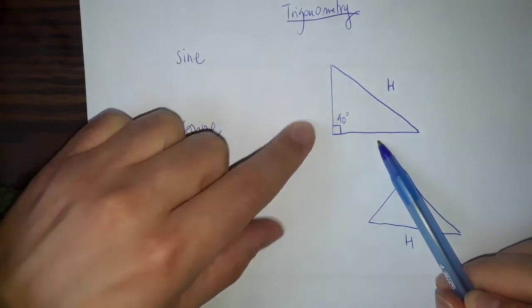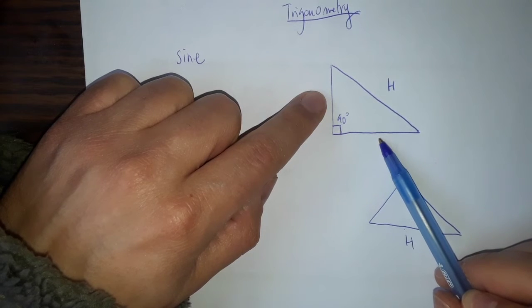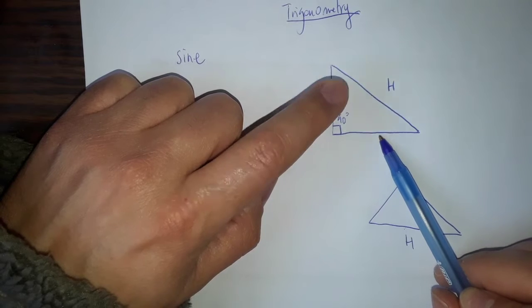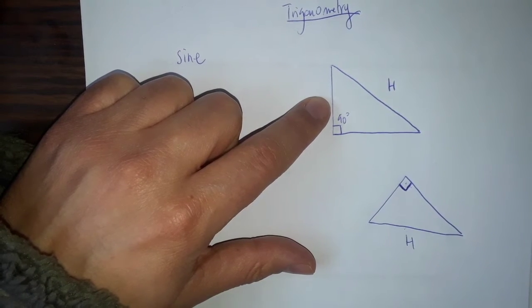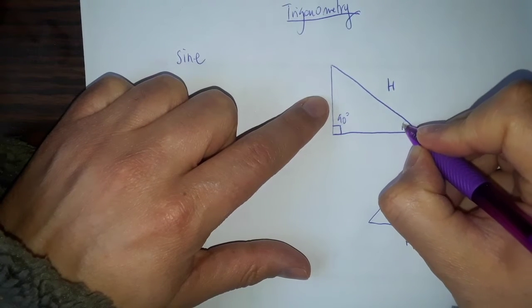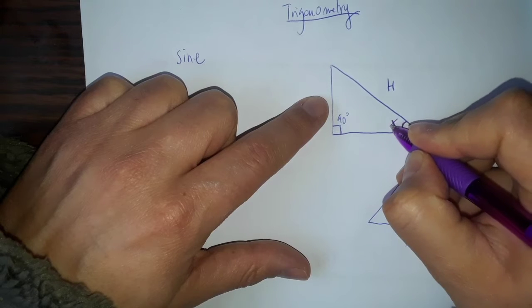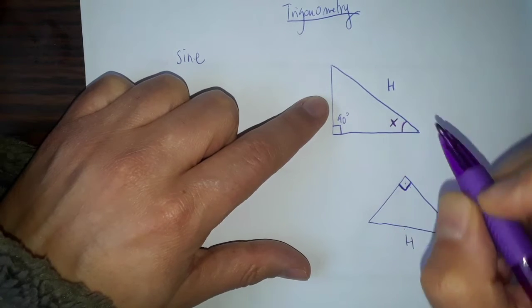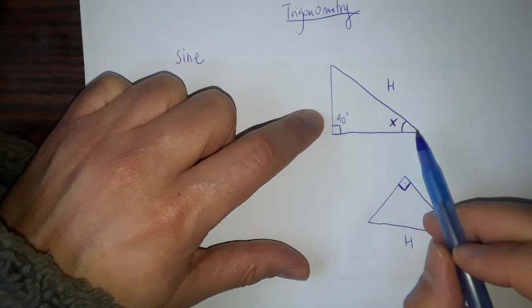Now, these two sides can be the opposite or the adjacent, or the adjacent and the opposite. It depends on how you look at it. So let's suppose that this we're gonna call angle X. Now we're gonna try to understand what's the opposite side.